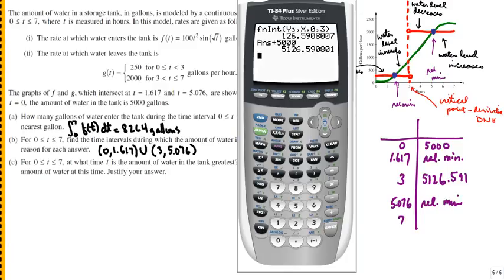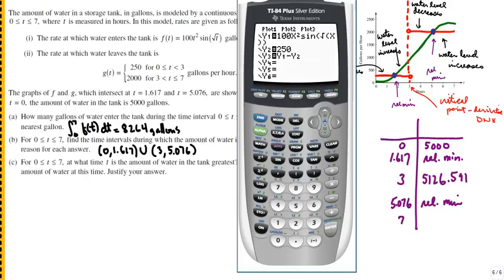Now for time t equals 7, we're going to do a similar thing here, only we're not going to subtract 250, we have to subtract 2,000. So I'm going to go back into my function and write over the 250 this time. And now I want to take the integral of that from 3 to 7.